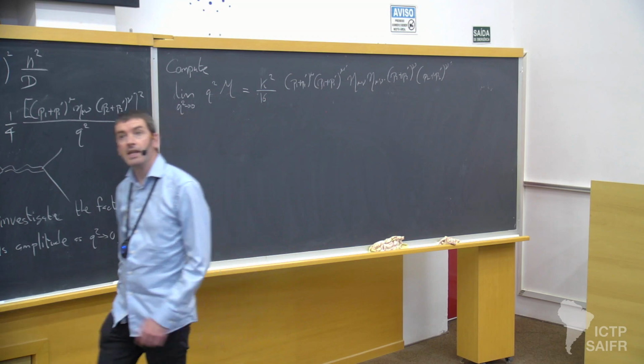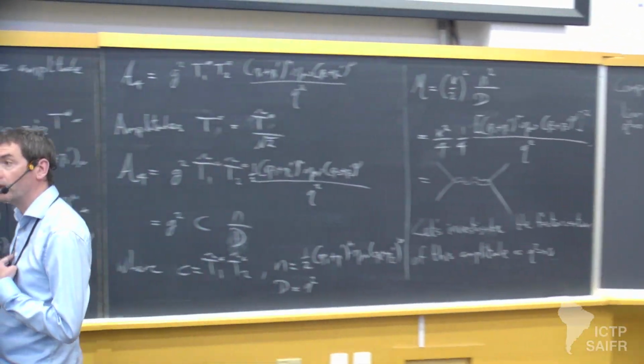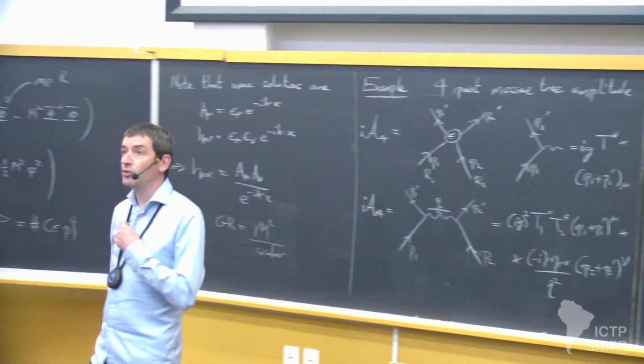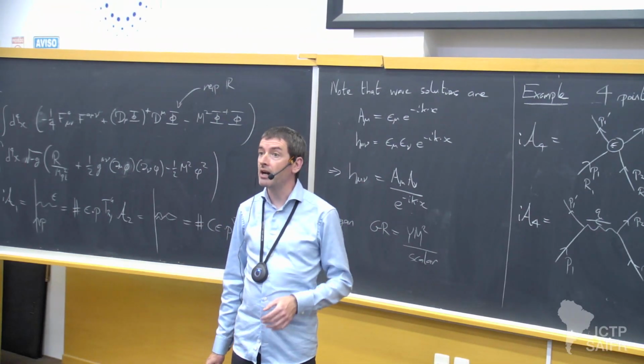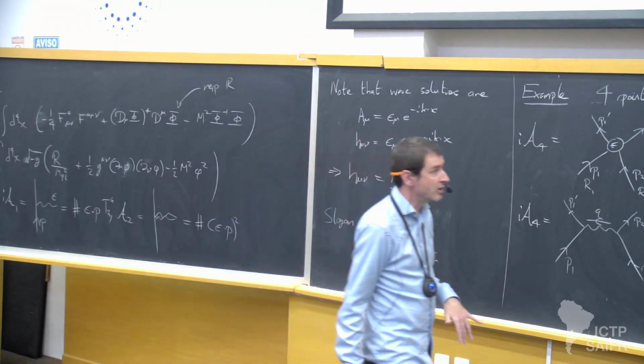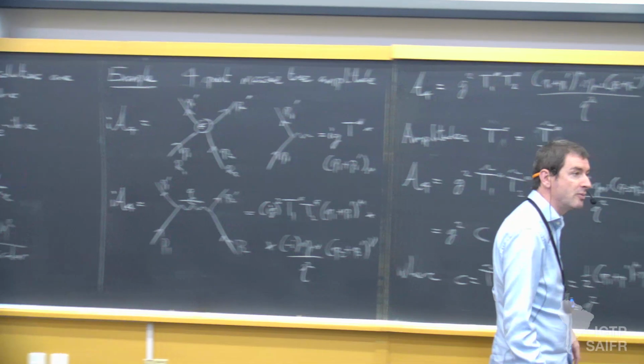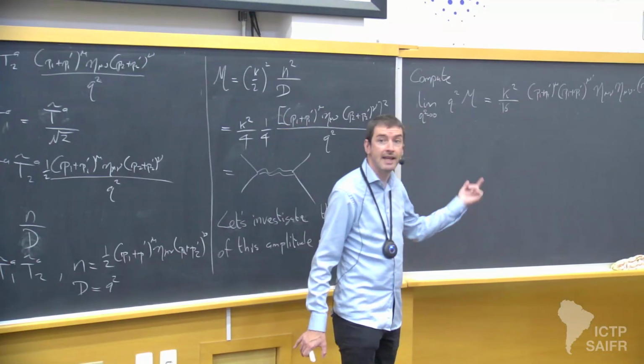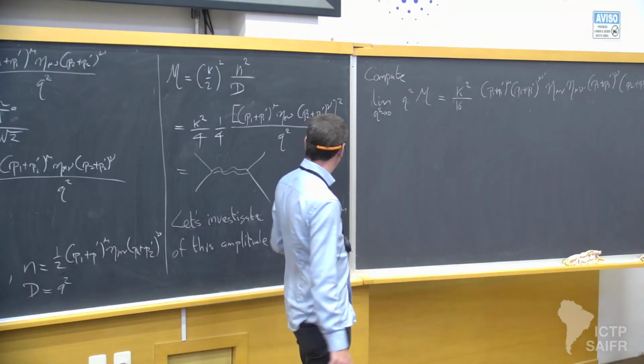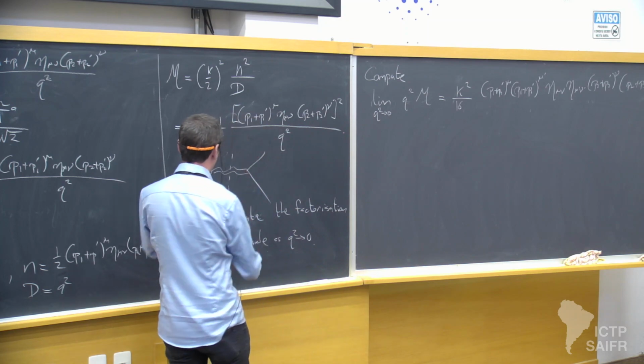That's the numerator of this diagram on the factorization channel. This is the kind of thing you would expect to get from generalized unitarity by taking those two 3-point amplitudes, multiplying them together and summing over the states passing through the middle, through this cut.